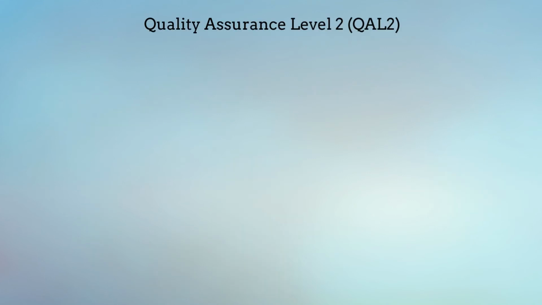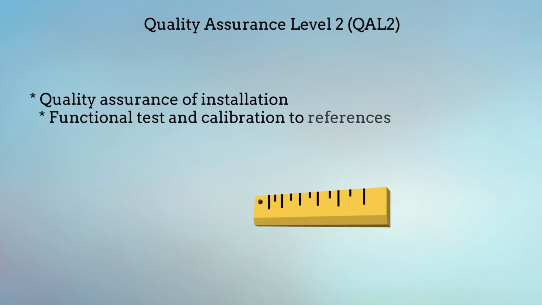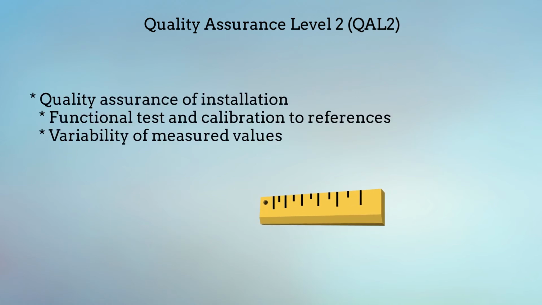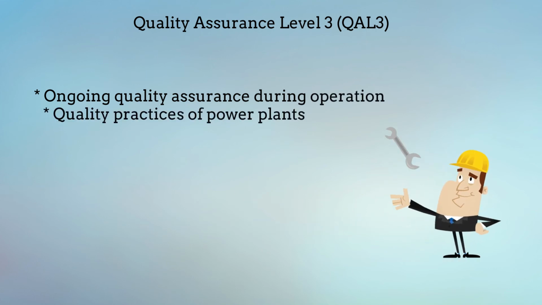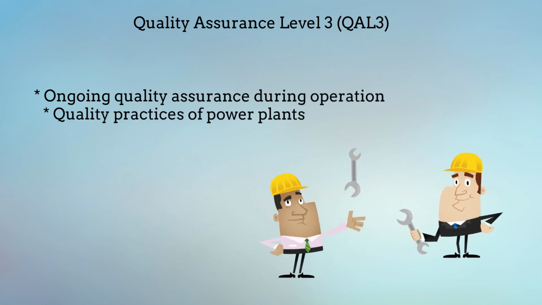The second quality assurance level discusses functional tests, calibration and validation of continuous emission measurement systems. The third quality assurance level deals with the practical operation and maintenance of continuous emission measurement systems.